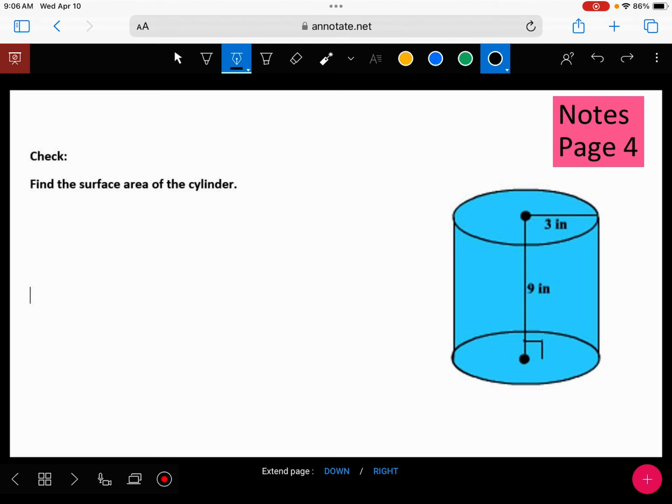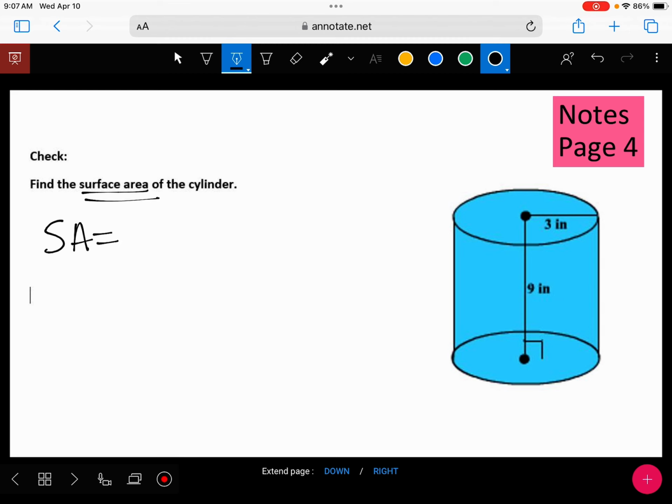And if you look in your notes, we had the formula for cylinder on page 2. So go back and look at page 2 in your notes, and that will give you the formula for surface area and lateral area of a cylinder. So this is only asking us to find the surface area.